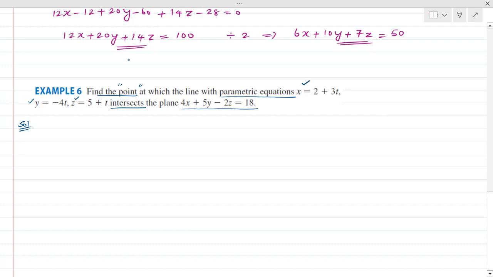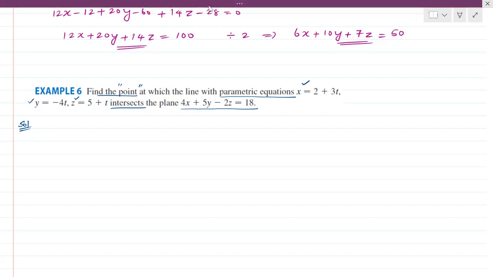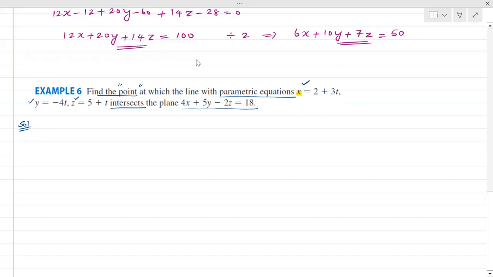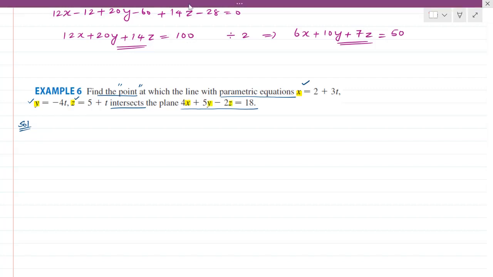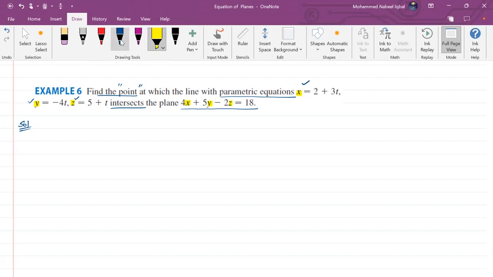When it intersects, the parametric equations satisfy the plane equation. So I will substitute the given x, y, z here, in the plane equation.